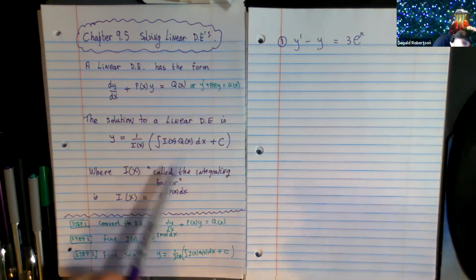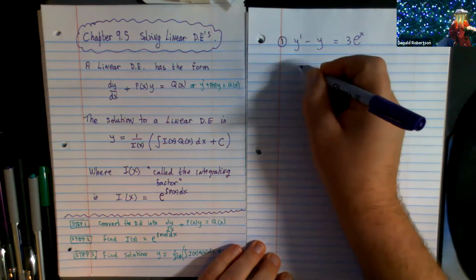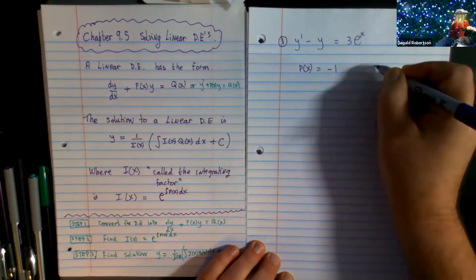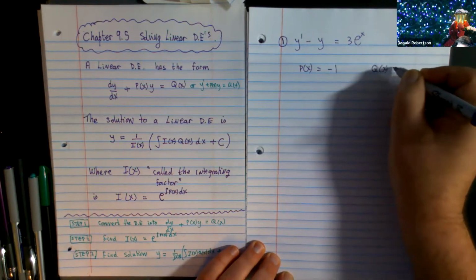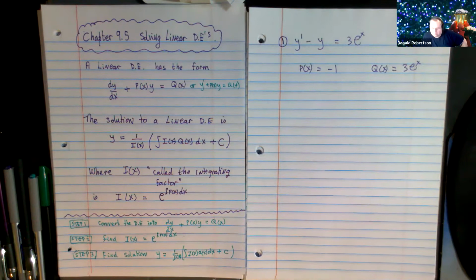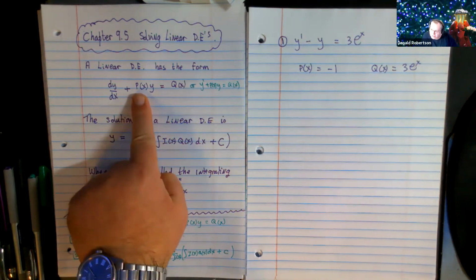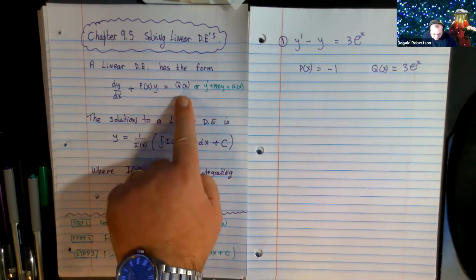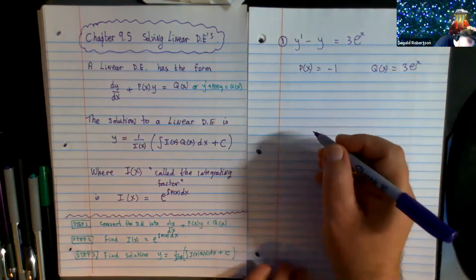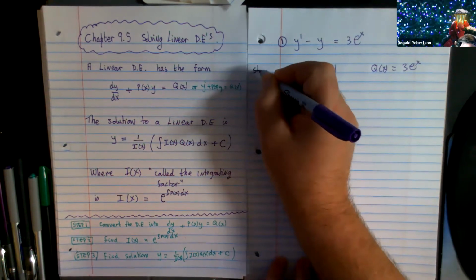That means that I can now identify that the p of x is -1 and that the guy that's going to be called q of x is that guy. Are we comfortable with who p of x is and who q of x is? P of x is the thing next to the y, q of x is the guy over here on his own. So that's essentially step 1 done.